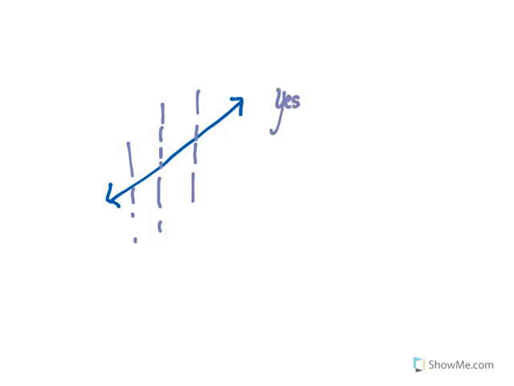For example, if we have a line that has a positive slope, if I were to draw a vertical line through any point on that graph, I would only hit that graph one time. So that one would be a function because it passes the vertical line test.